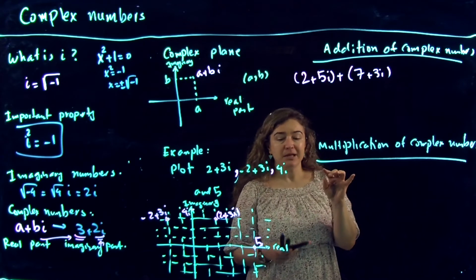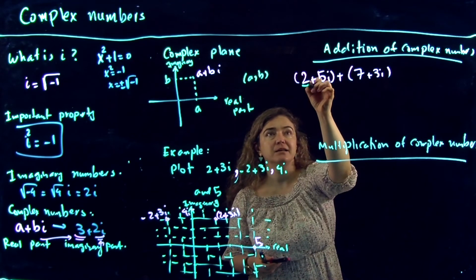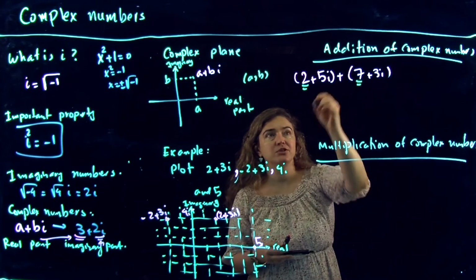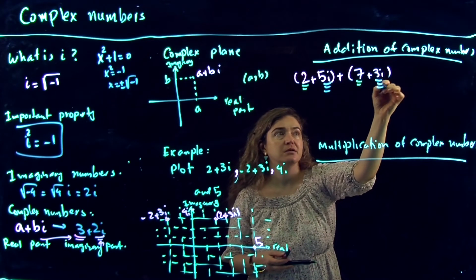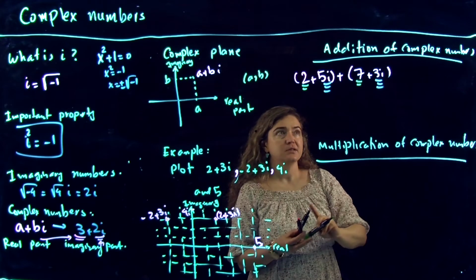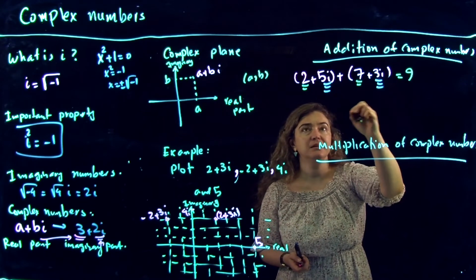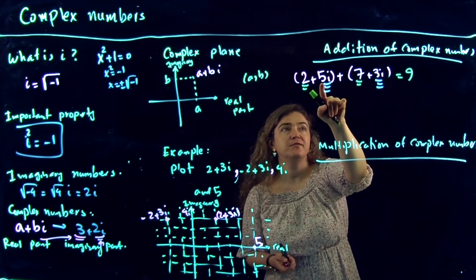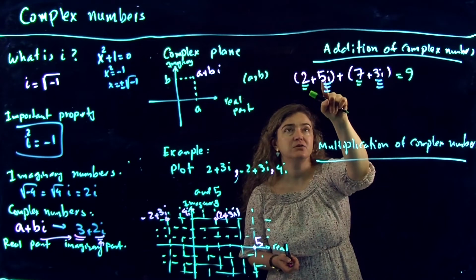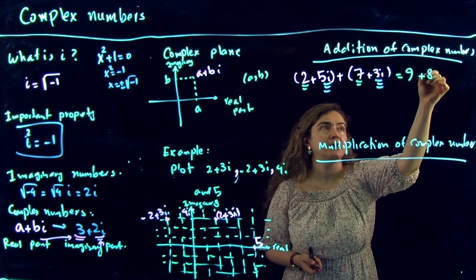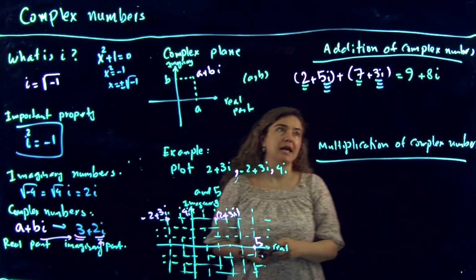When you're adding complex numbers, you're adding the real parts together and the imaginary parts together. So this would end up to be 2 plus 7, which is 9, plus 5i plus 3i, so add 5 and 3, and you get 8i.